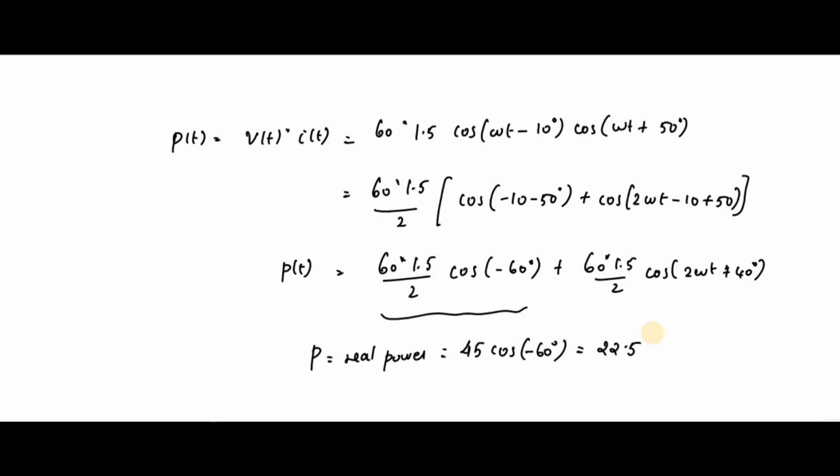Next, reactive power Q is equal to 45 into sine of minus 60 degree, that is equal to minus 38.97.